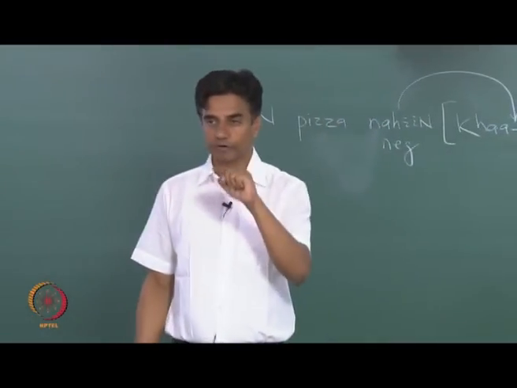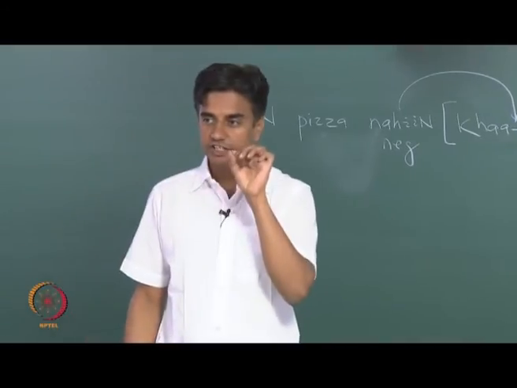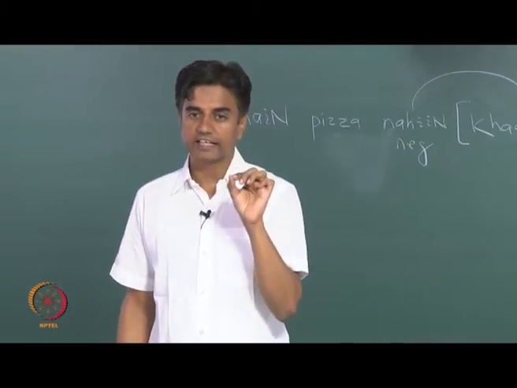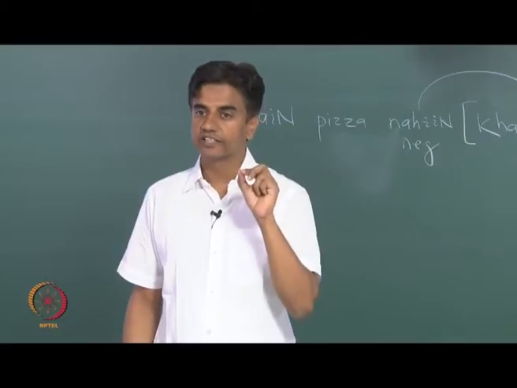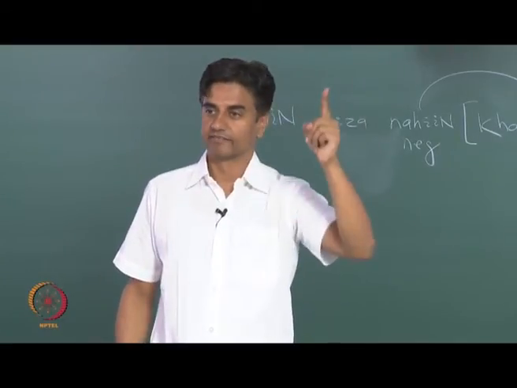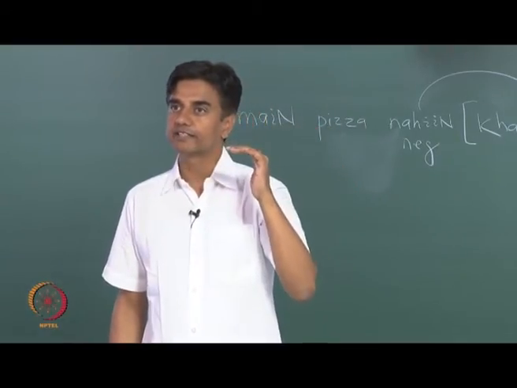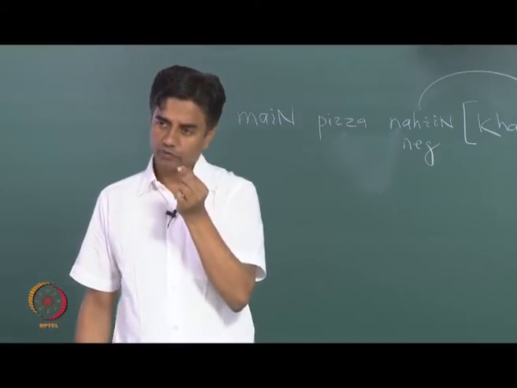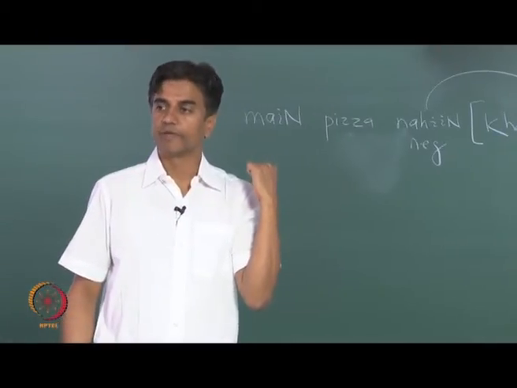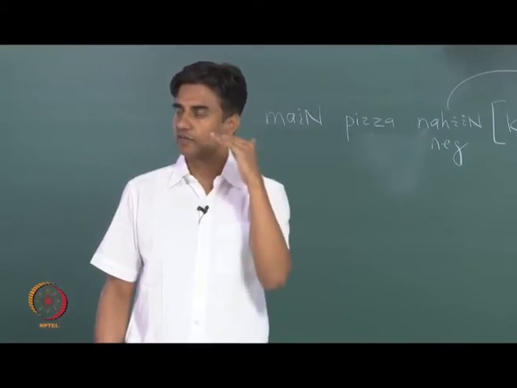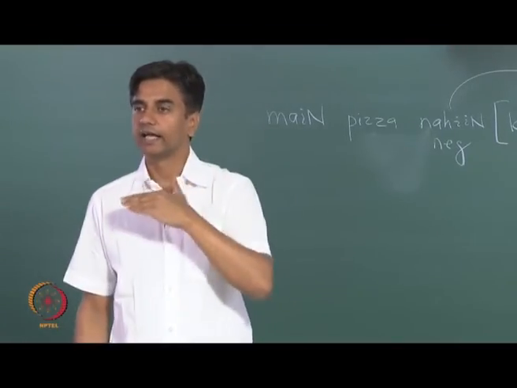If we try to put our finger on the fishy nature of a functional category for its exact location in the functional layer, it appears from such an example coming from Hindi that it's located below TP and above aspect phrase.